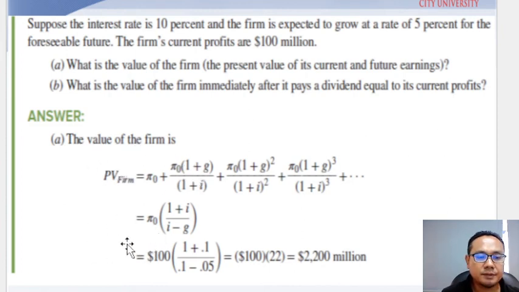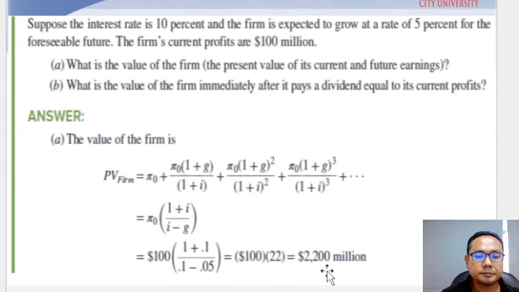So the value of the firm, you can use this formula and put the information given above there. So for answer A, we get the value of the firm is $2,200 million.